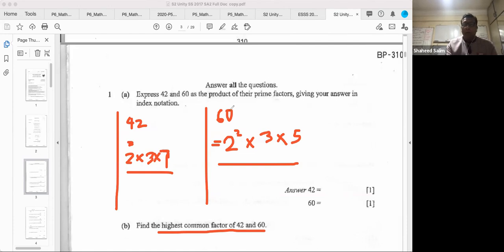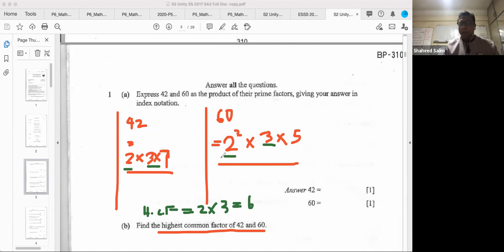Three. Okay, you're right. 3 is one of it. There's also 2. Down here got 2, this one 2 times 2. So you take the smaller one. So HCF, highest common factor, equals 2 times 3. Answer is 6.